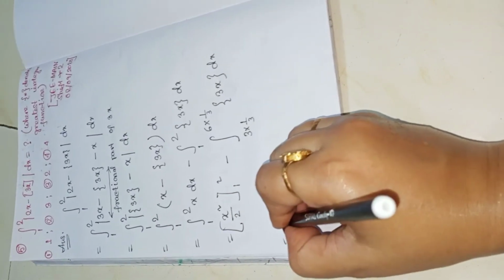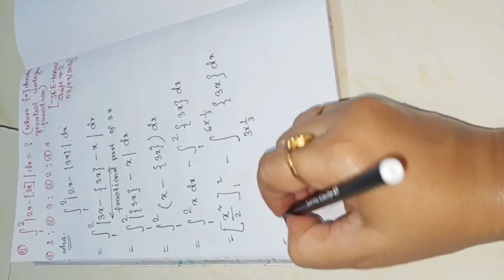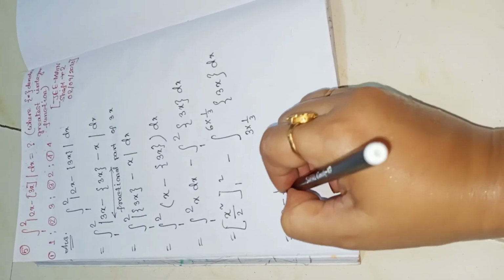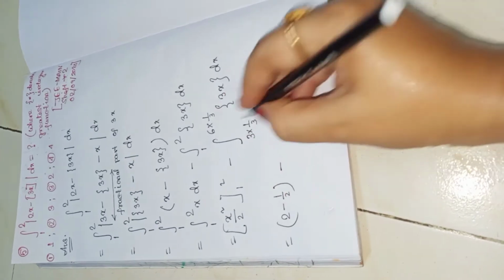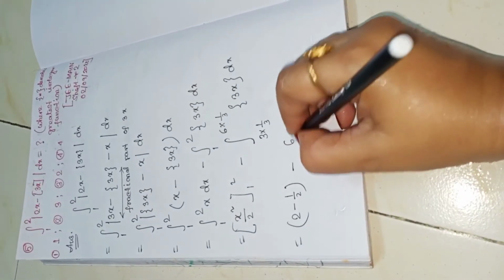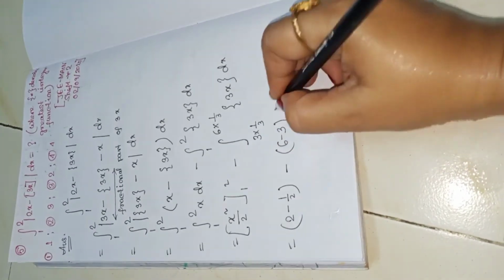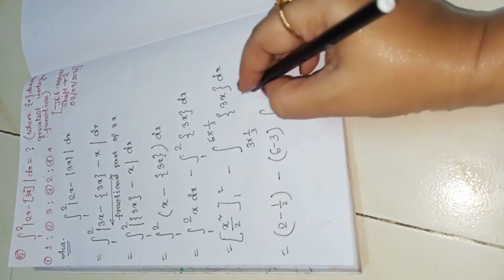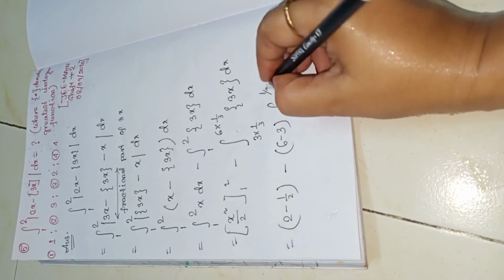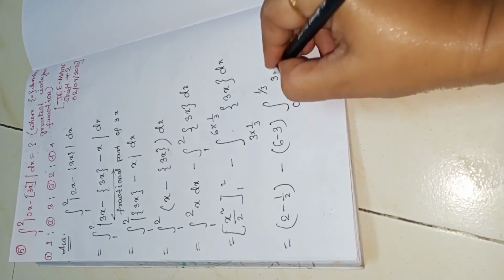It becomes 2 square by 2, which means 2 minus half, and this becomes 6 minus 3 between the limits 0 to t, where t means 1 by 3, of 3x dx.